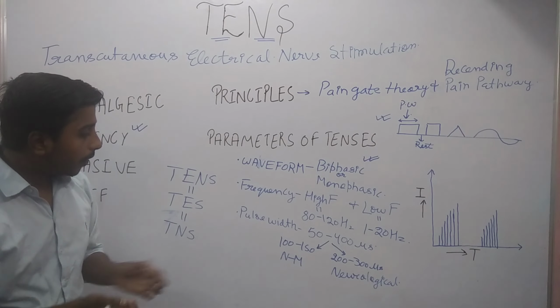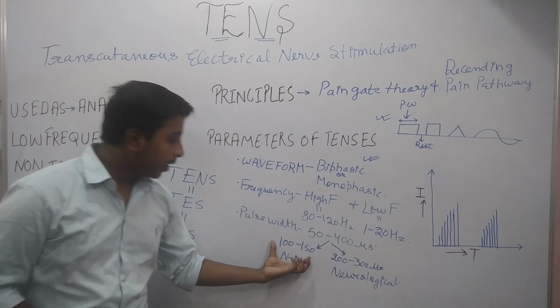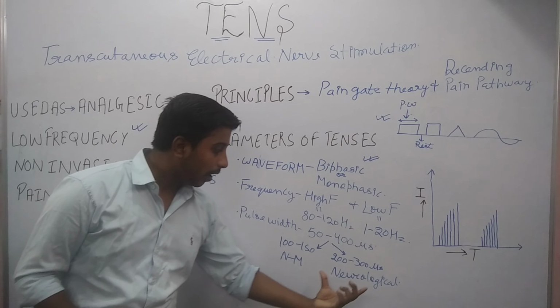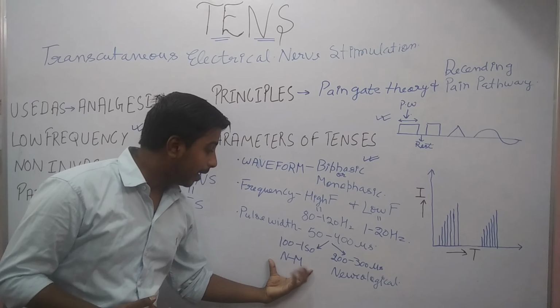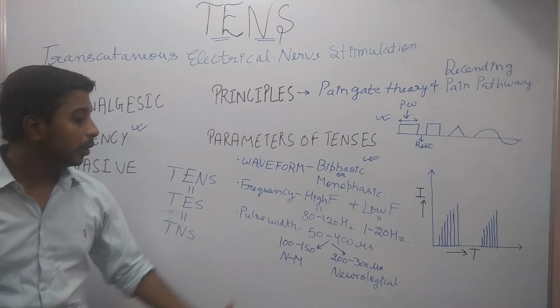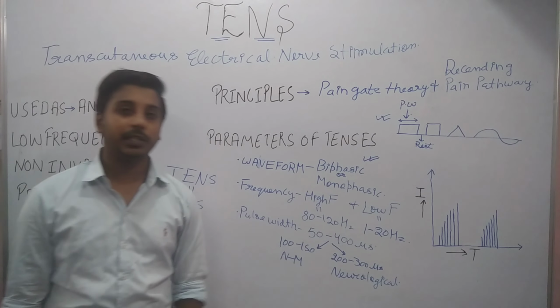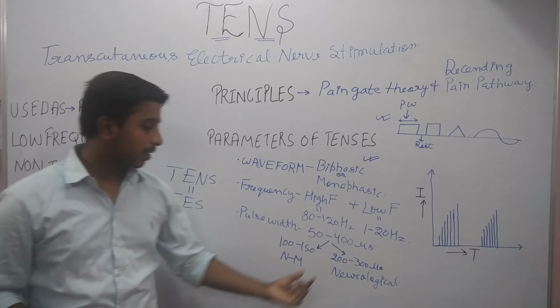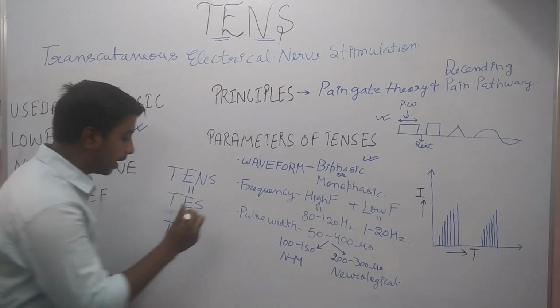It depends upon the condition: if we are treating a neuromuscular condition, we use 100 to 150, and if we are treating a neurological condition, we use a pulse width of 200 to 300 microseconds.